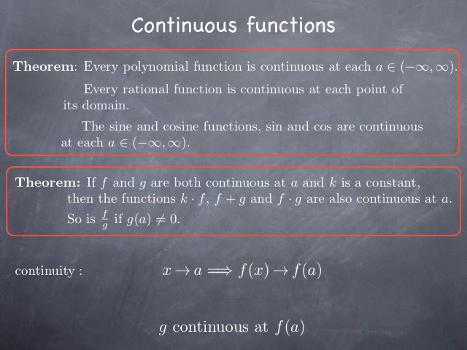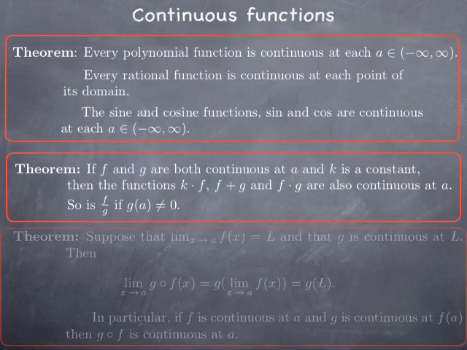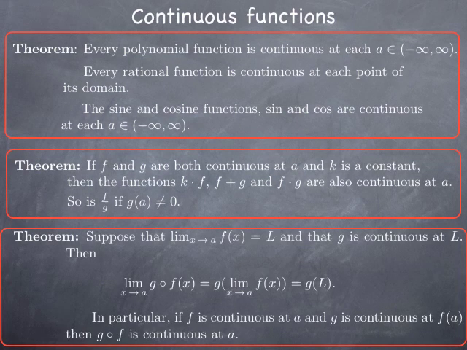If I take a continuous function at f of a, then g should preserve limits, and therefore g of f of x should approach g of f of a. In other words, I can compose two continuous functions and obtain a continuous function.